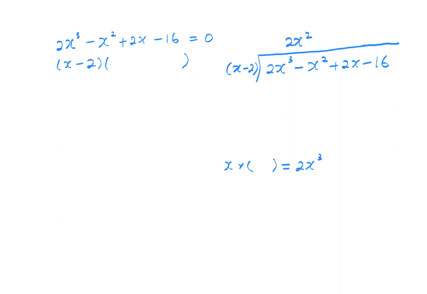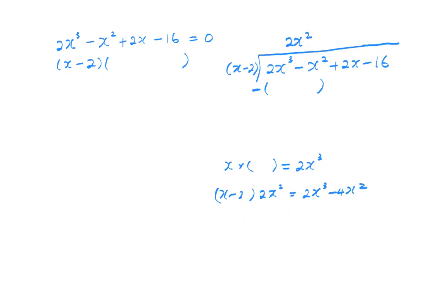Then you have to subtract something. What to subtract? It will be x minus 2 times 2x squared, so that will be 2x cubed minus 4x squared. Clear?